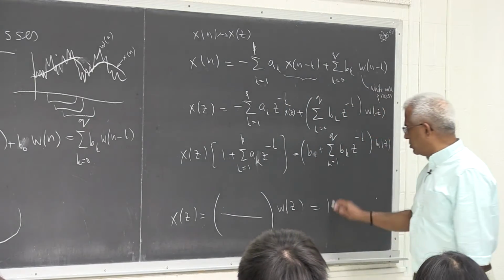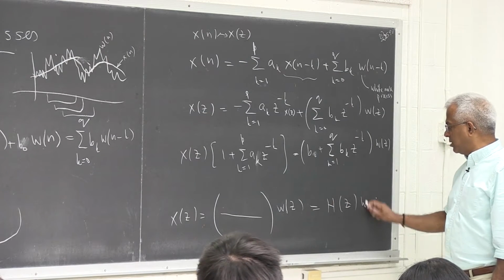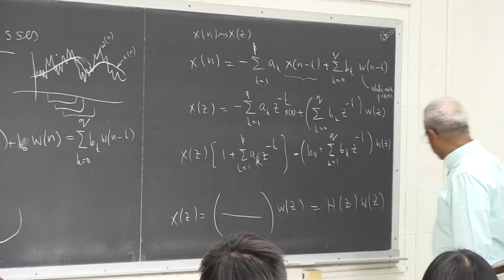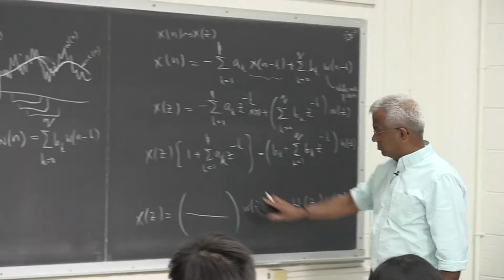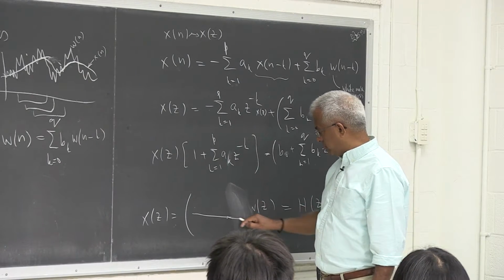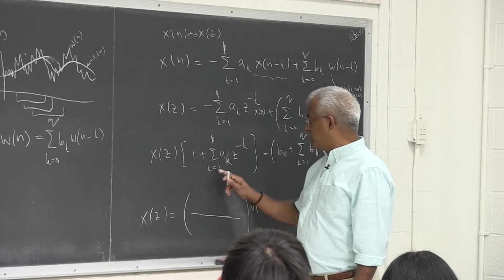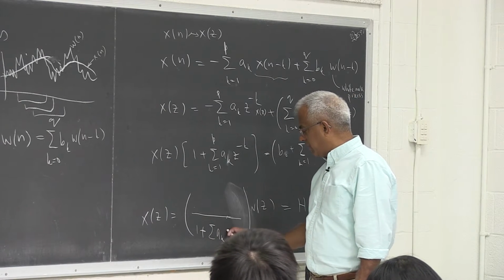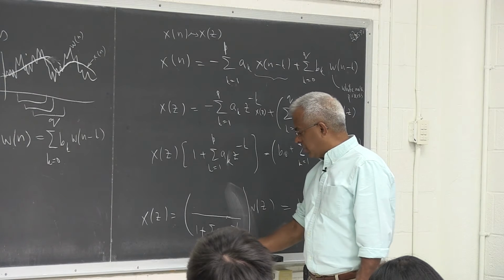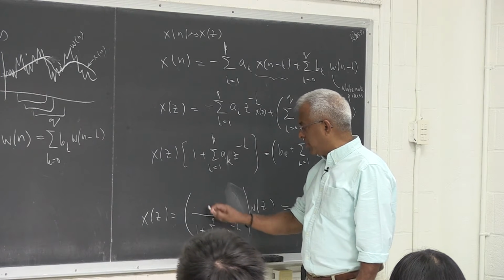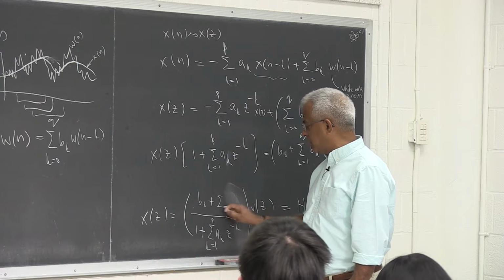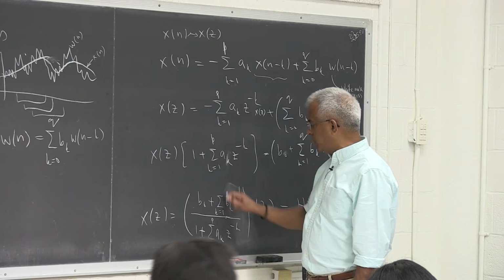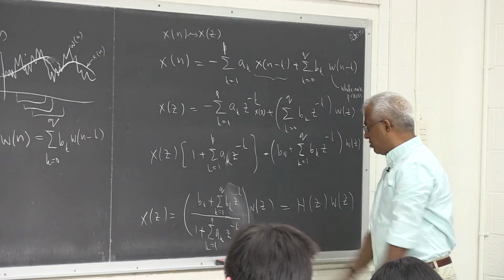So this is of the form h of z multiplied by w of z, and this something is, you can see, the denominator, right? So 1 plus sigma ak z raised to minus k, k equal to 1 through p, and the numerator is b naught plus sigma bk z to the power minus k, k equal to 1 through q. So this is your h of z.